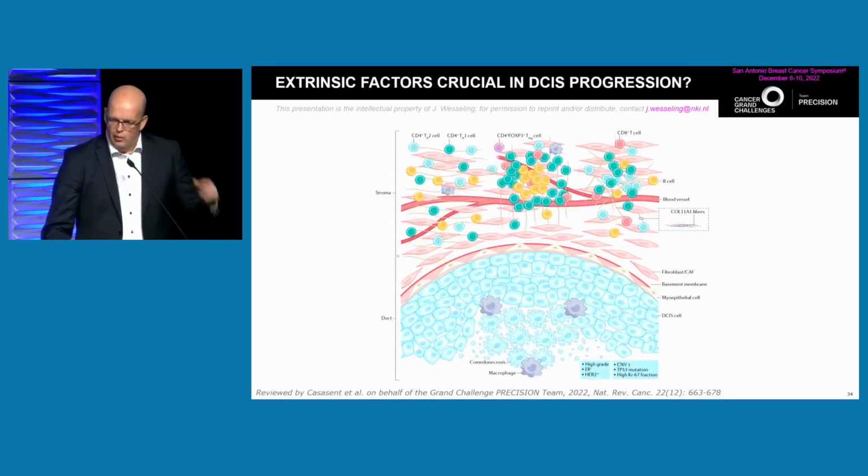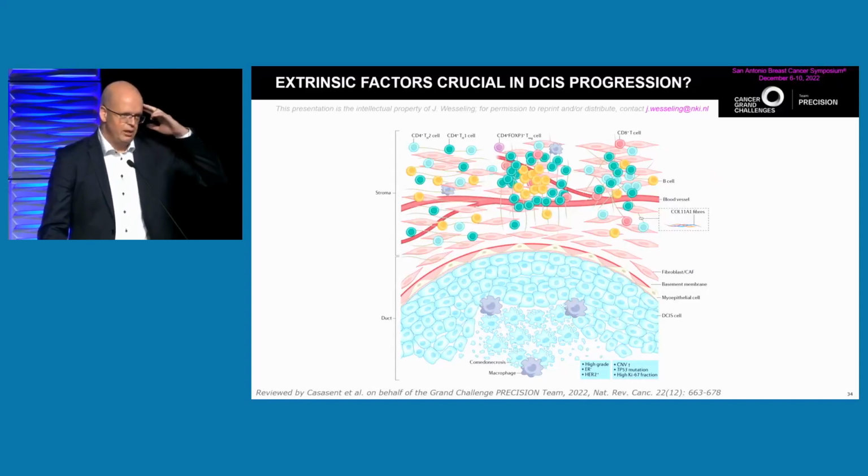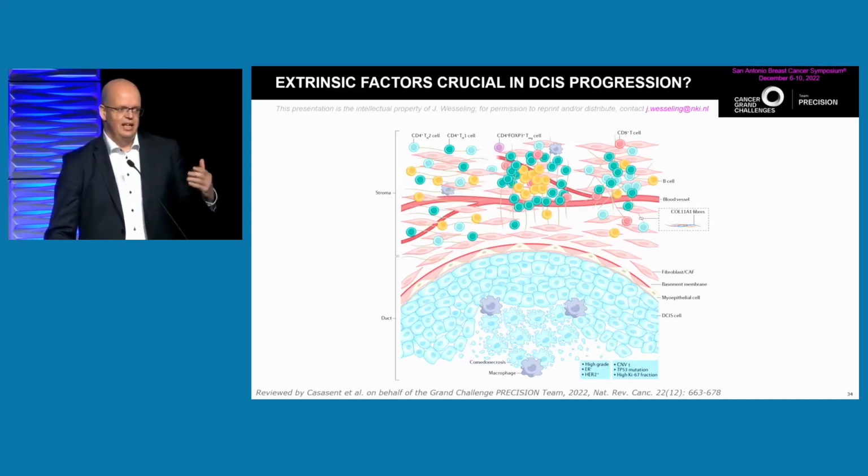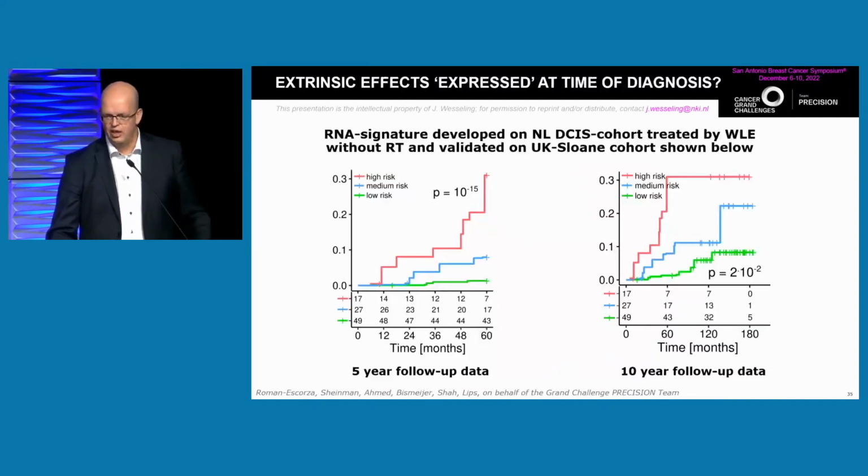Keeping this in mind, we can think about the microenvironment. Is this driving then the expression in the luminal cells of the DCIS lesion that really comes with progression to invasive breast cancer? And can we see that then in our RNA expression signature of these DCIS cells? And this is my last slide for this.